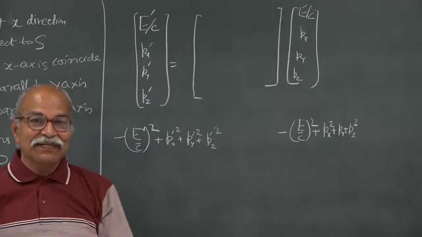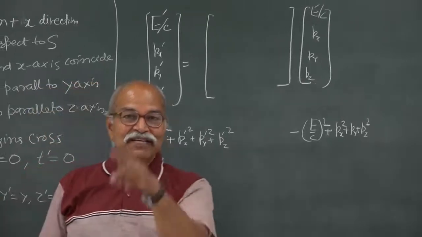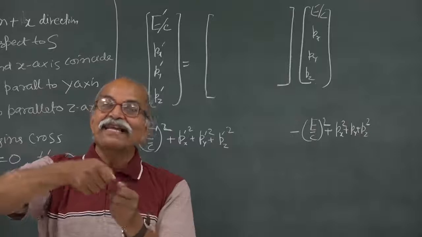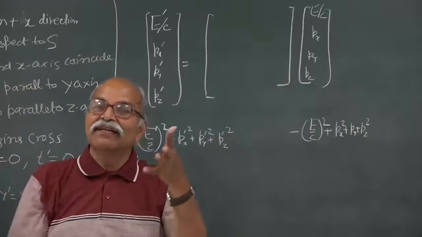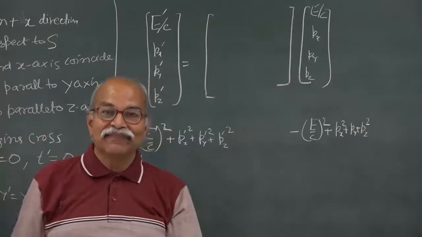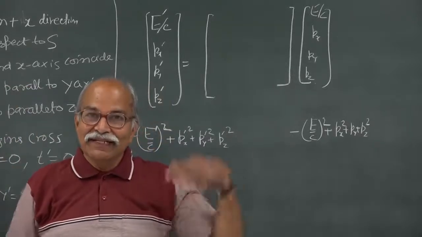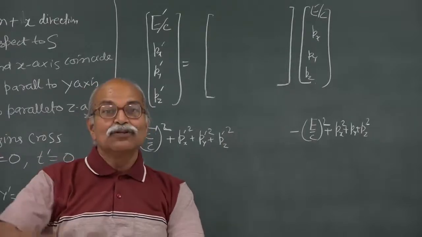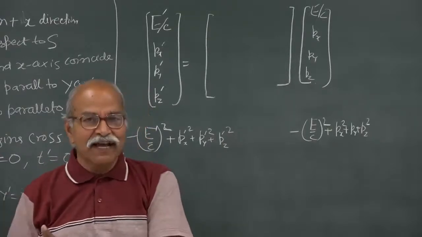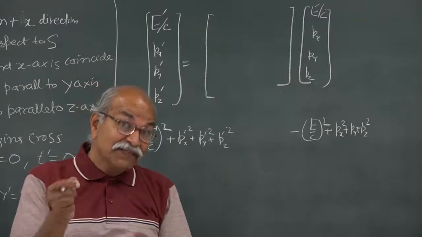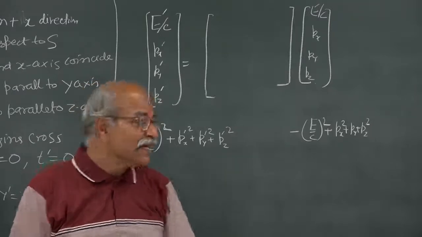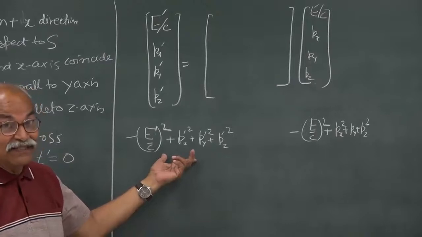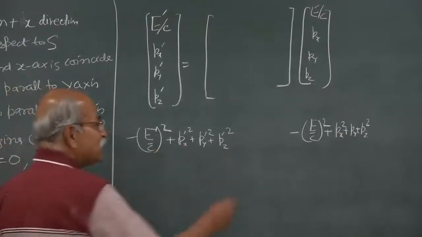When I am changing the frame, I am not changing the magnitude of a vector. In 3-dimensional geometry, when we have xyz axes and there is a vector, the length of the vector will not change if I reorient the frame. Similarly here, if I am changing from one inertial frame to another inertial frame in whatever fashion, the length of the vector will not change, and this represents the magnitude of the vector, squared. So this will be equal to this.